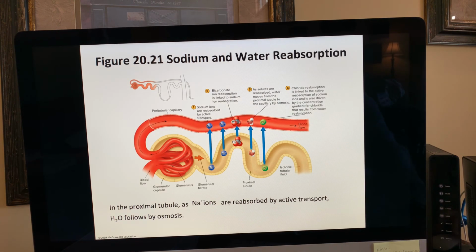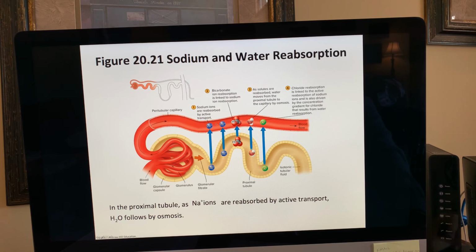This is a diagram showing how this works. Basically, when the filtrate enters the proximal tubule, the cells of the proximal tubule actively pump sodium ions from the tubule out, where they're picked up into the peritubular capillaries. When that happens, negatively charged substances like chloride follow the positive charges, so the chlorides are pulled over.